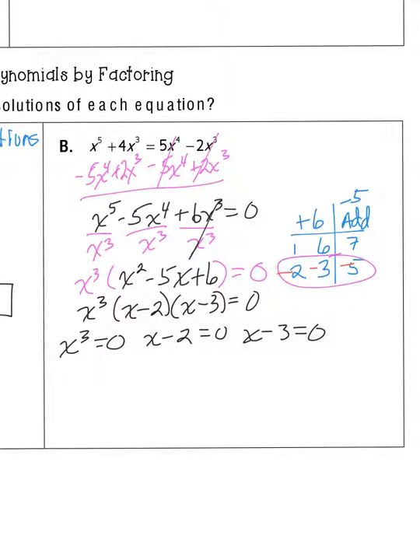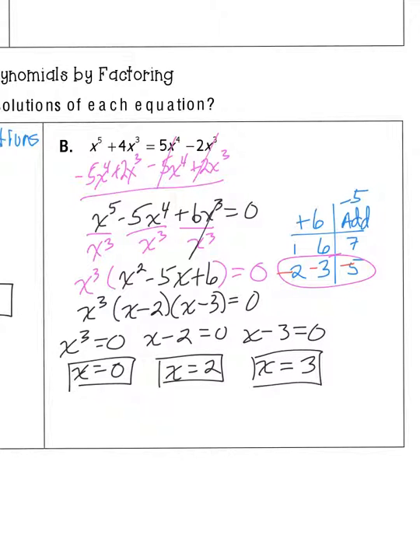And then solve. Well, technically, if x cubed is equal to 0, then x is equal to 0. On the second one, x is going to equal 2 if you add 2 to both sides. And on the third one, x will equal 3.